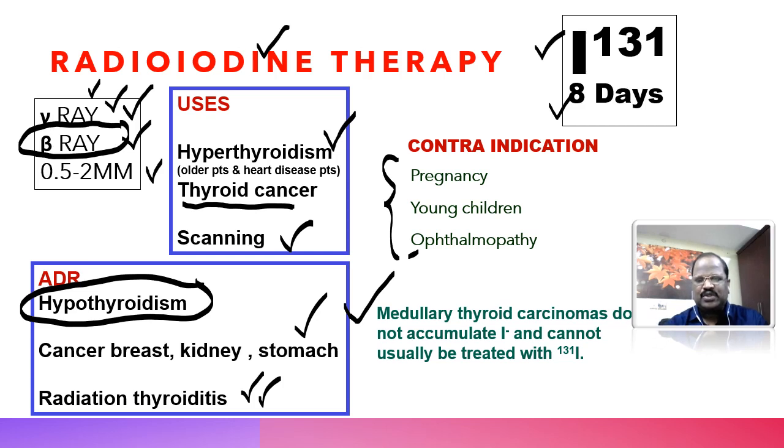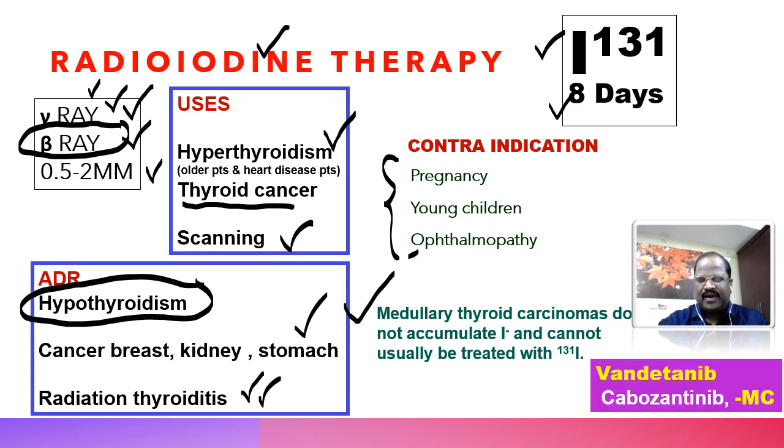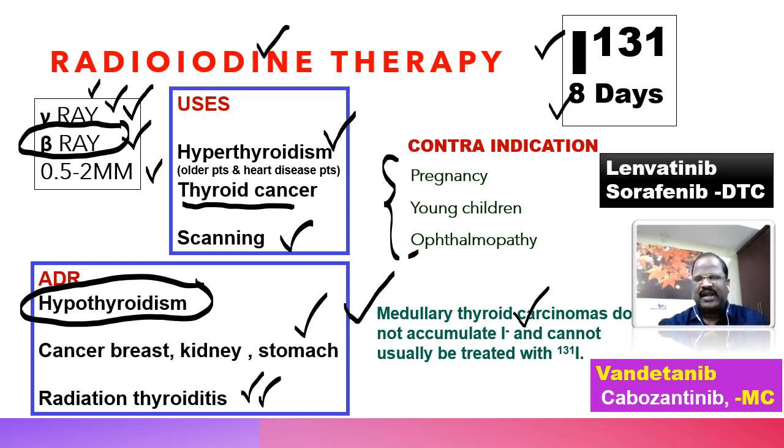Here I want to tell two important points. For treating medullary cancer of thyroid, we have some newer tyrosine kinase inhibitors like vandetanib and cabozantinib. All these are tyrosine kinase inhibitors useful for medullary cancer of thyroid. Whereas we have some more newer drugs like lenvatinib and one more drug, sorafenib.